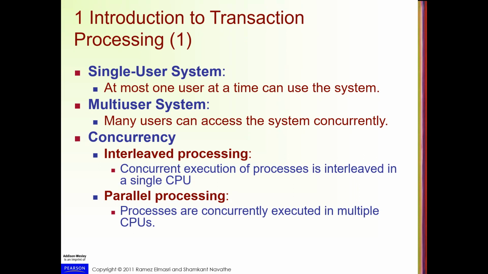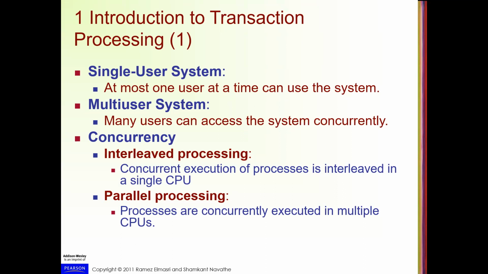Concurrency, or many users working on the same system, can be done in two ways: interleaved processing or parallel processing. It is known as interleaved processing when concurrent execution of processes is interleaved in a single CPU.